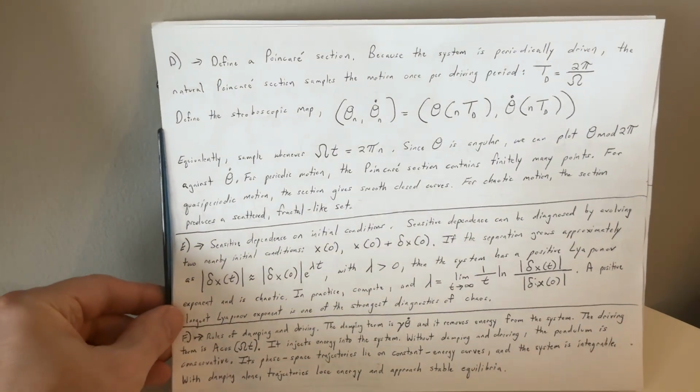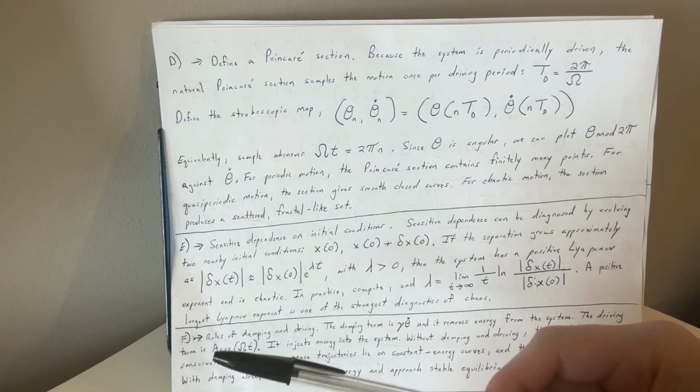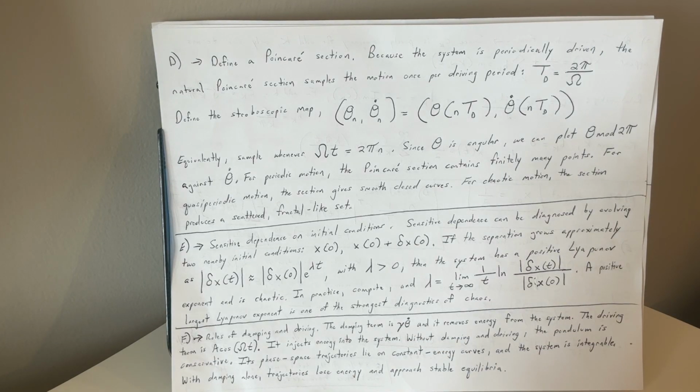All right, now building on this for part F, the roles of damping and driving. The damping term is gamma theta dot, and it removes energy from the system.